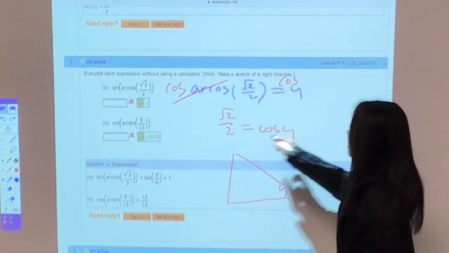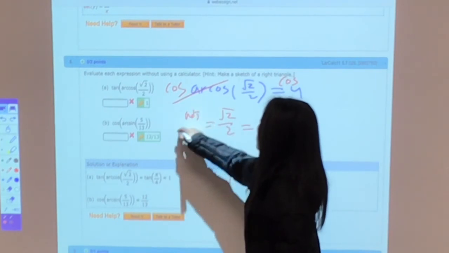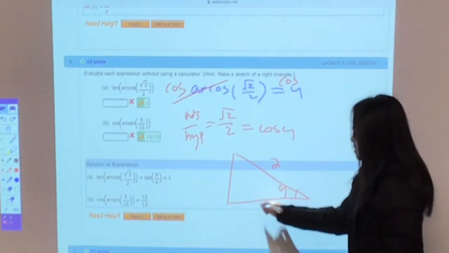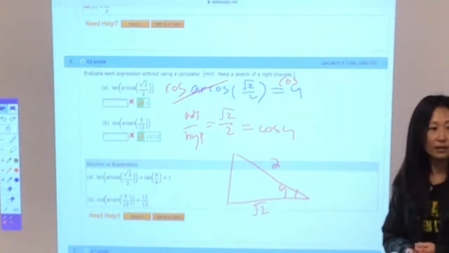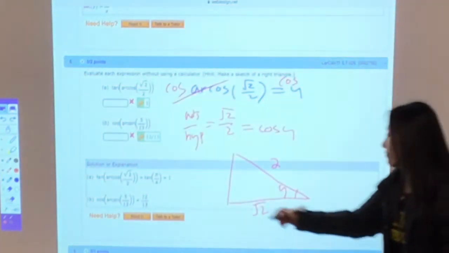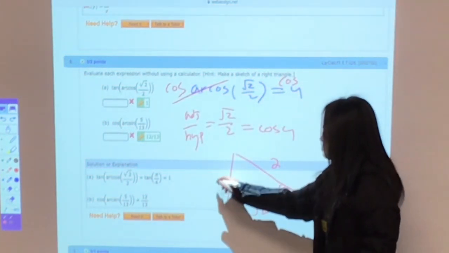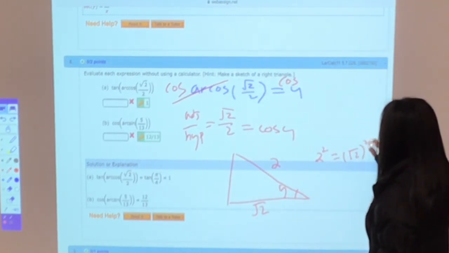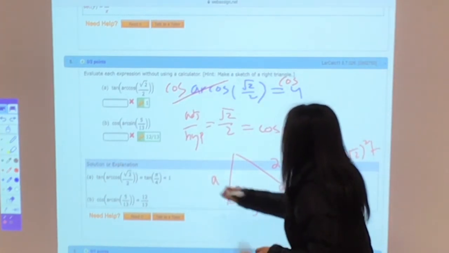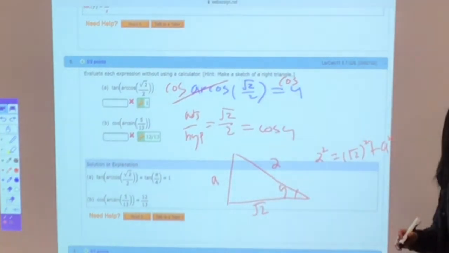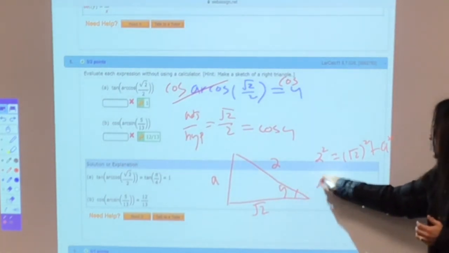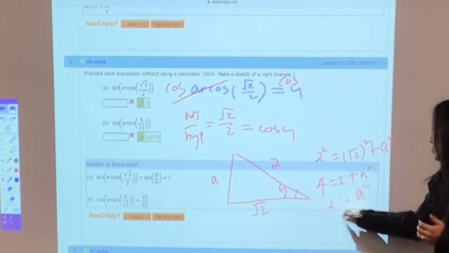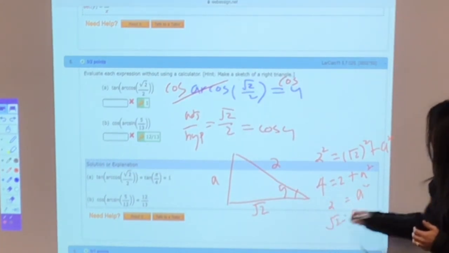Cosine means adjacent over hypotenuse. So I put 2 here, adjacent. Then using the Pythagorean theorem, I figure out this side: 4 equals 2 plus a squared, so a squared is 2, and a is the square root of 2.